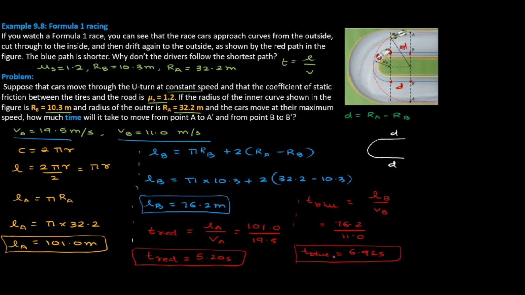So you see, even though the blue path is shorter than the red path, the time taken to go from point A to A prime is smaller than going from point B to B prime. This is why drivers in Formula One racing follow path A instead of going along the shortest path B.